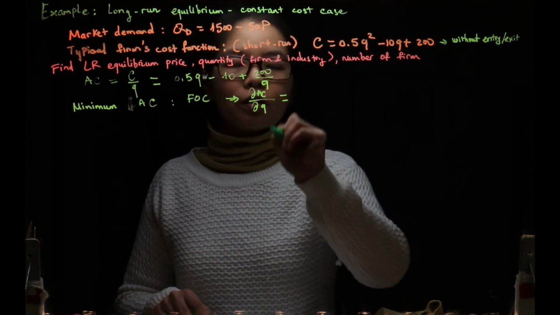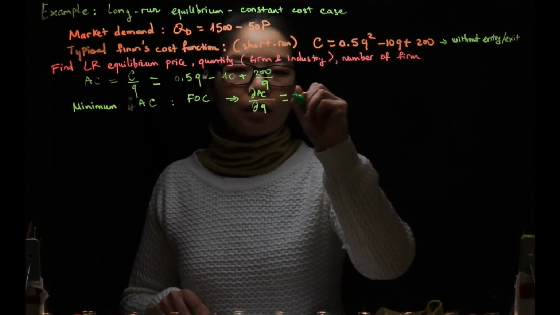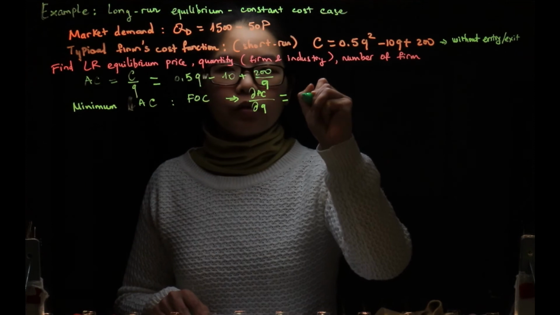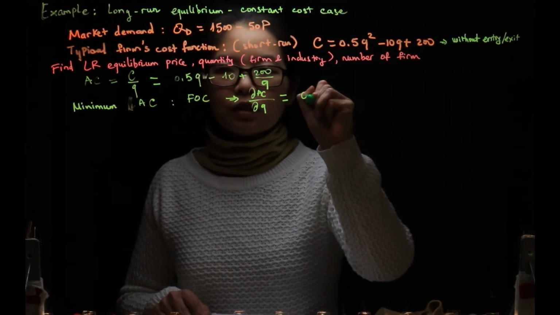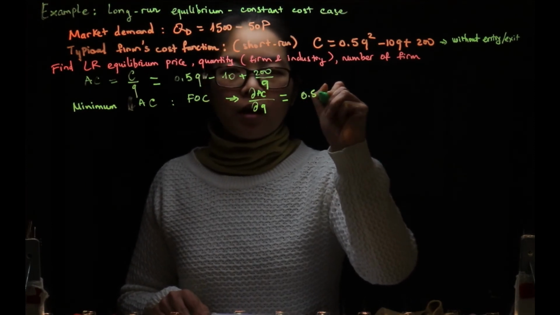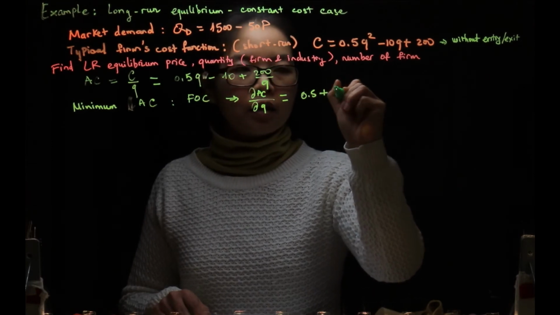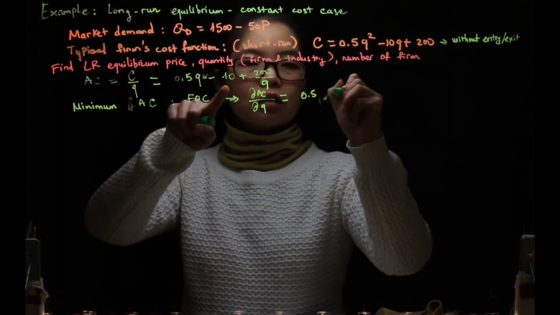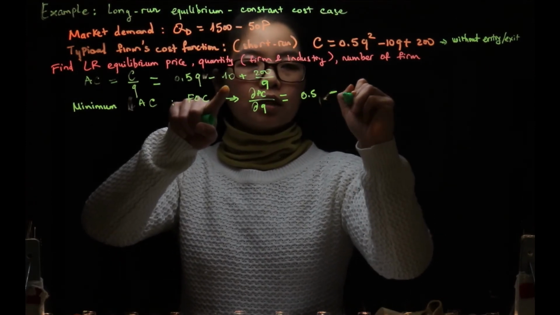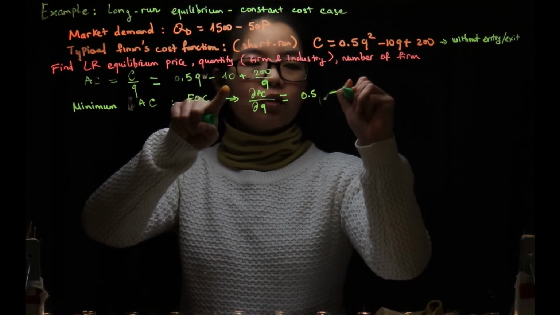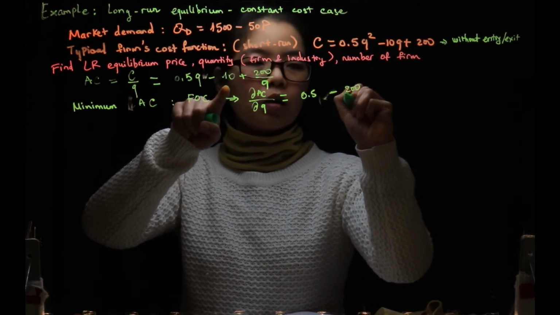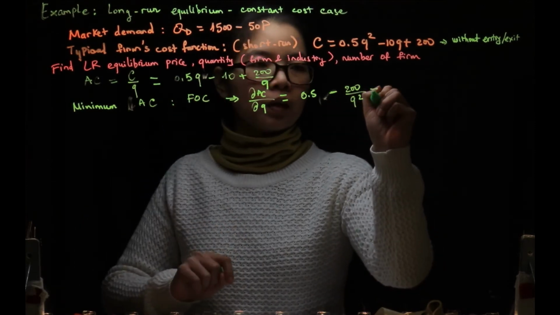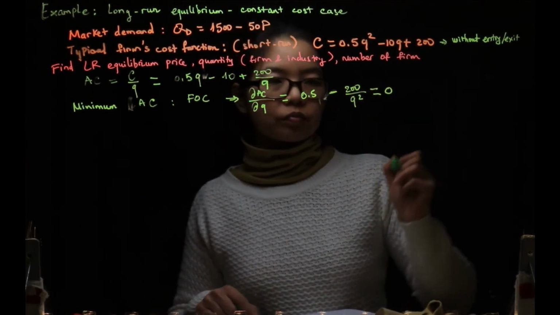That's why this is also one way to find the average cost. Now the derivative is 0.5 minus 10 is gone, so the derivative of 200 over Q is minus 200 over Q squared, equals 0.